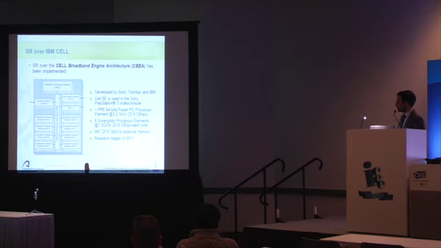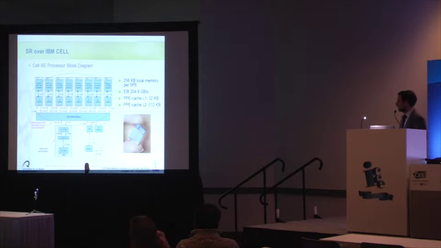It is based on a main PowerPC processor element connected to 8 synergistic processor elements, each working at more than 20 gigaflops. We have an external memory interface controller of 25 gigabits per second, and we began this research in 2011.